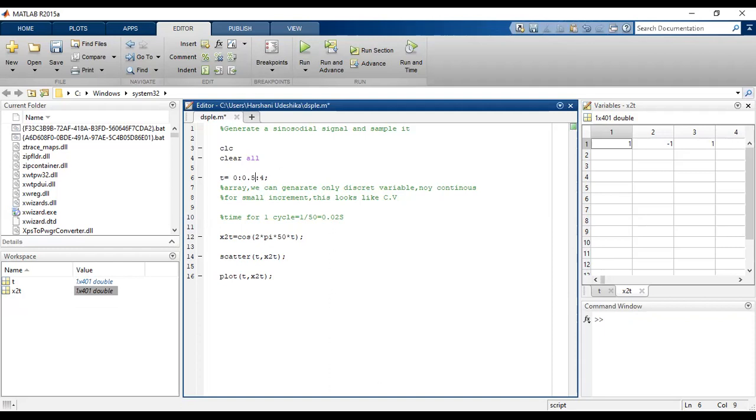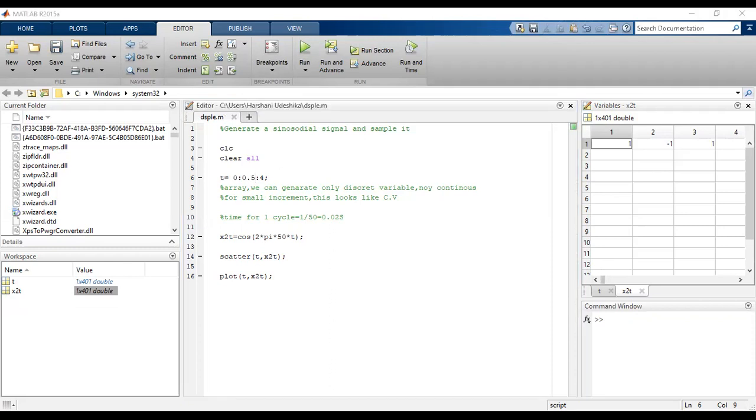Sorry, this is 0.02, no? This is not 0.2, okay? This is 0.02. This is 0.04. This is 0.06. It is 0.08. This is 0.1. Okay, this is 0.1 actually.